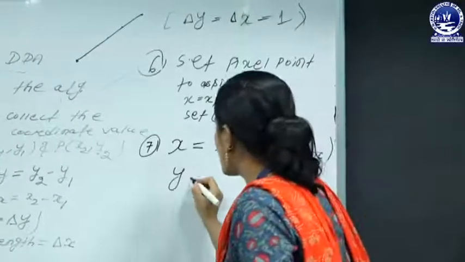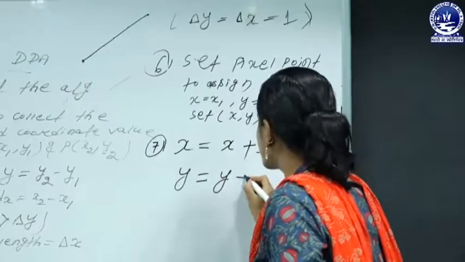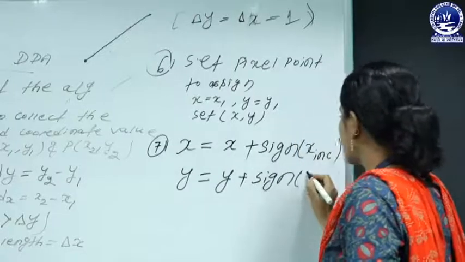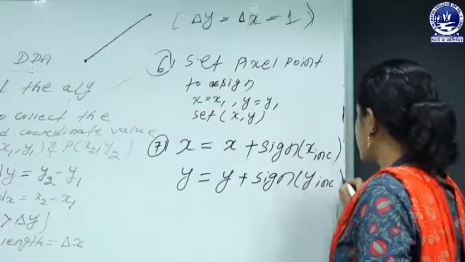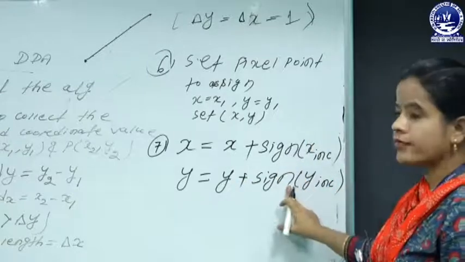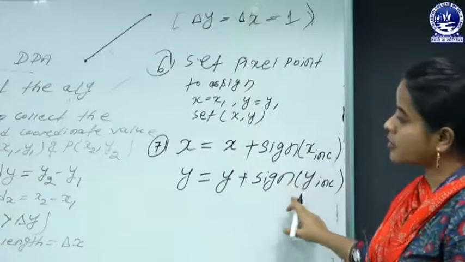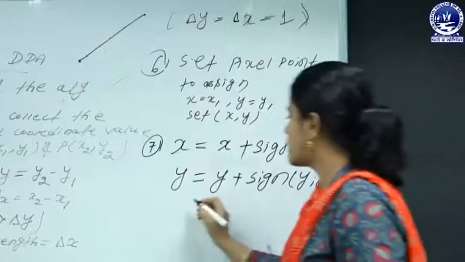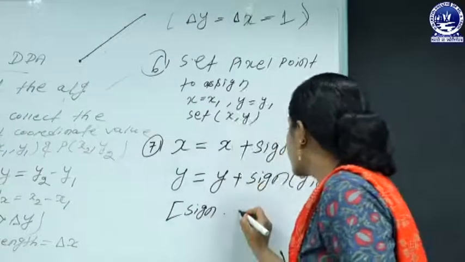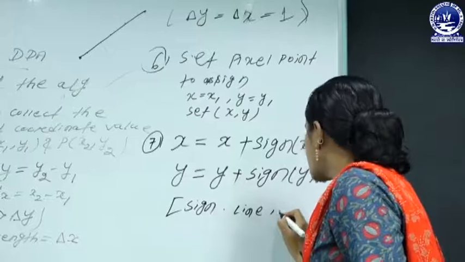And similarly, y equals previous y coordinate value plus sign of y incremental coordinate value. That means the sign function is specified so that the line is drawn in all quadrants. The sign function here specifies lines in all quadrants.